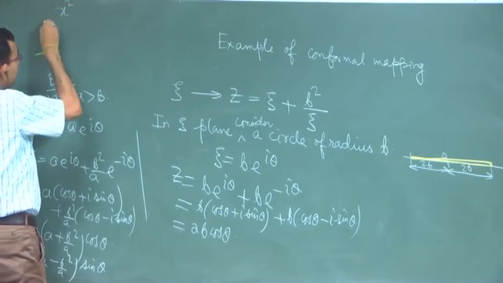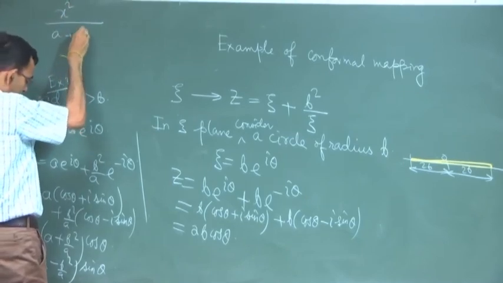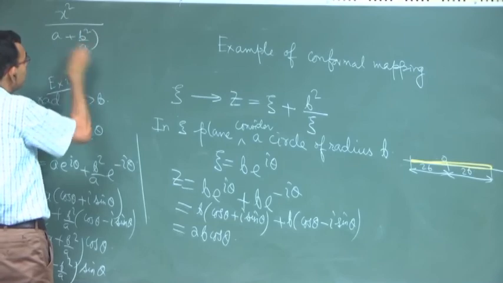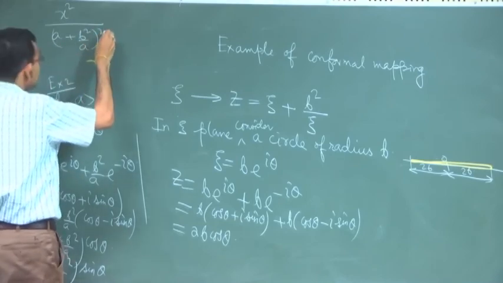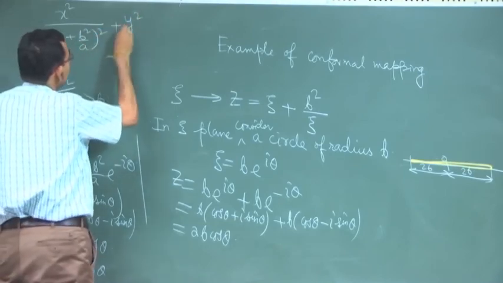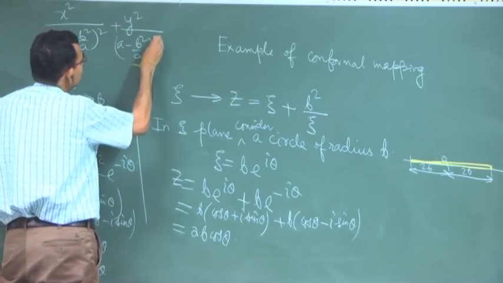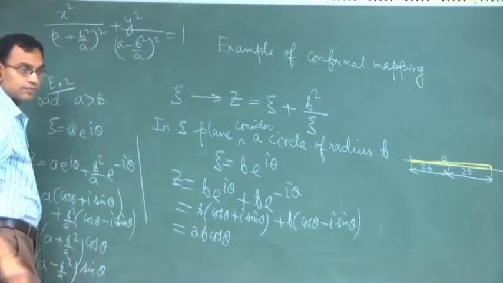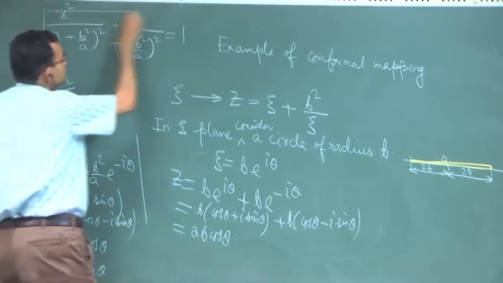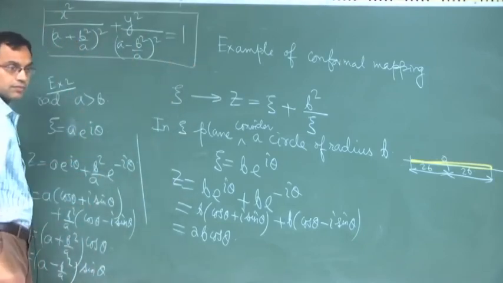Therefore, x square by a plus b square by a whole square, plus y square by a minus b square by a whole square, is equal to 1. So, this represents an ellipse.